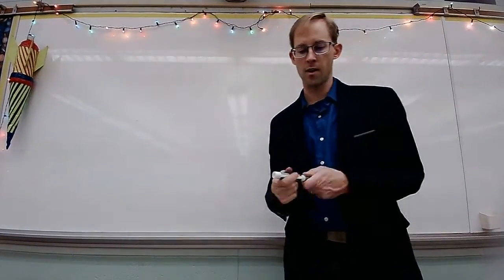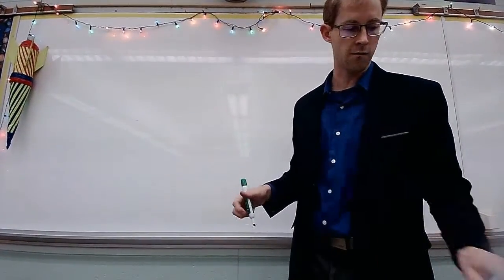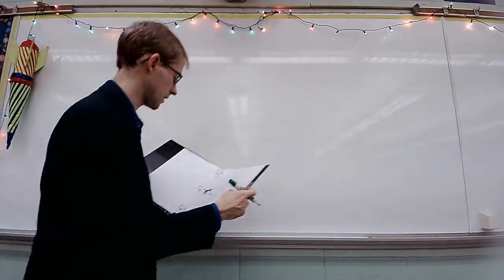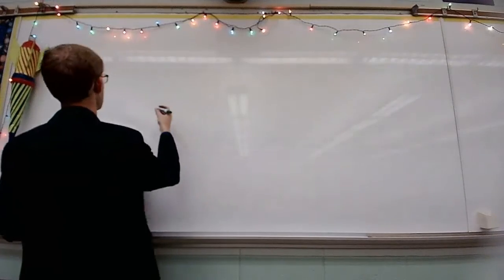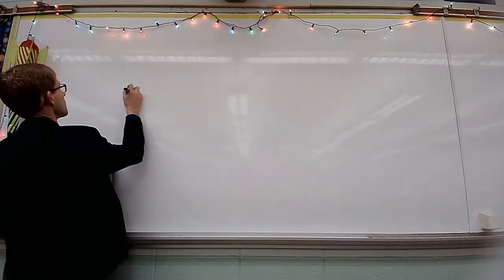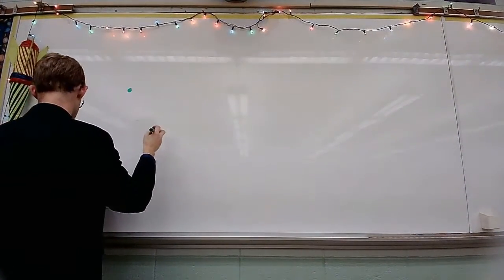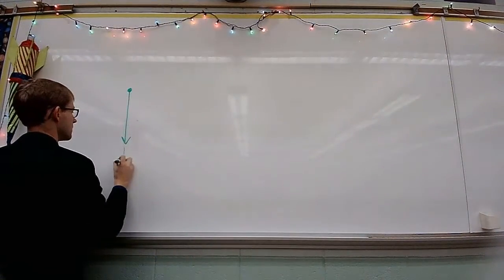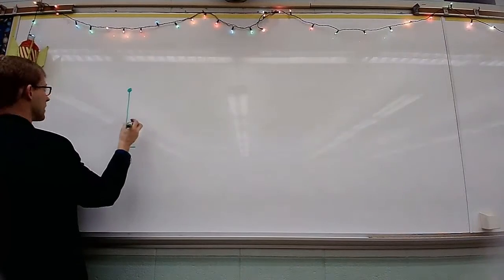So this is kind of like the same example, except now we're pushing down instead of pulling up. So this guy's pushing down at a 50-degree angle. Force of gravity is going down.